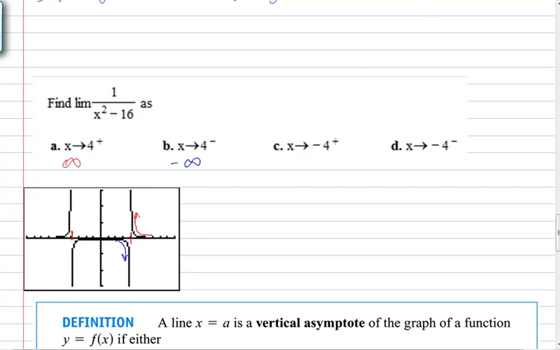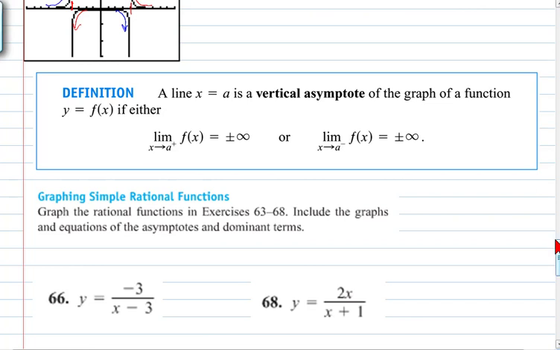Here's the -4, and as we approach -4 from the right-hand side, this is going off to, and as x approaches -4 from the left, positive infinity. Any questions? Make sense? It's fairly straightforward.